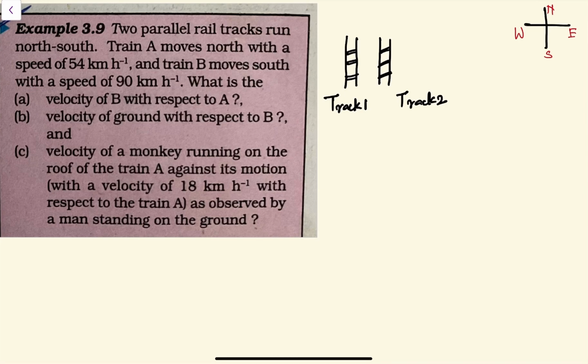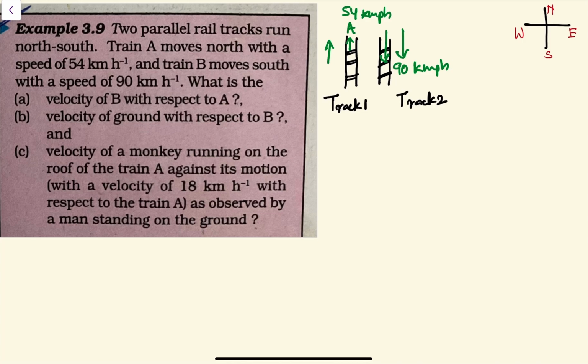Train A moves north with a speed of 54 kilometer per hour. Train B moves south with a speed of 90 kilometer per hour.